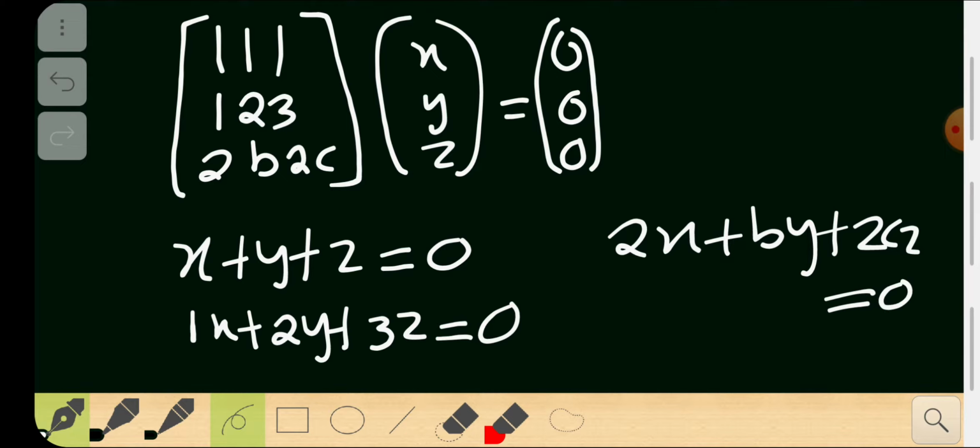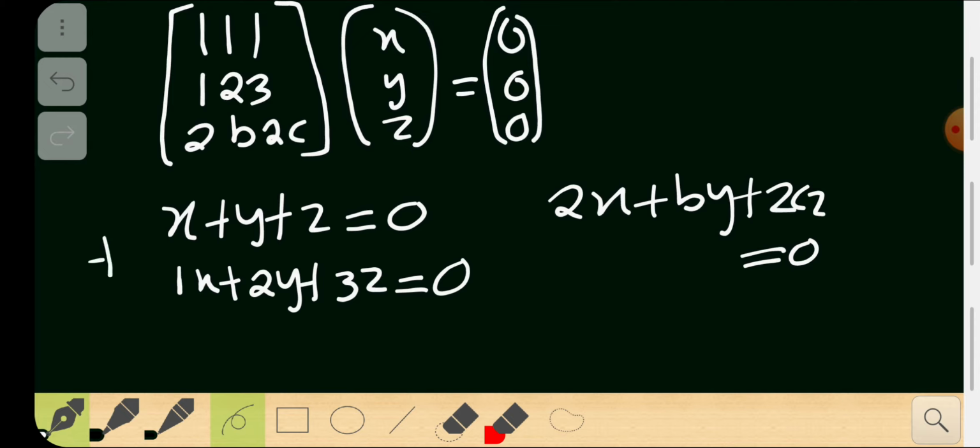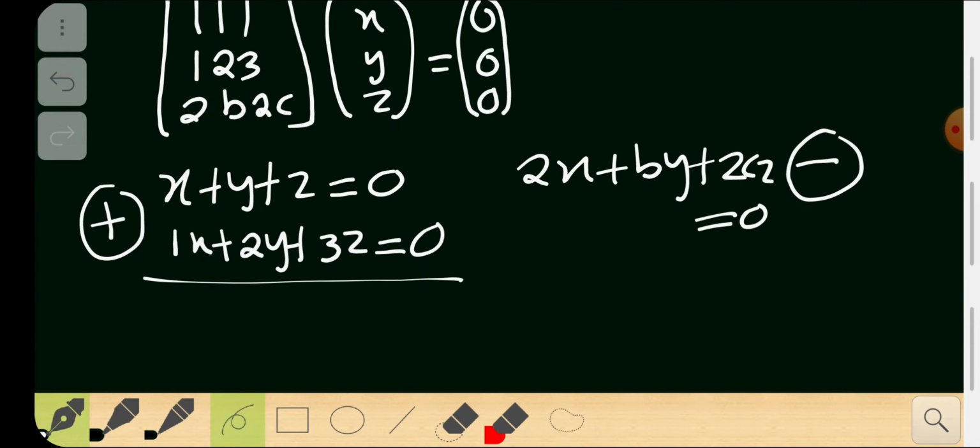Three equations. Now what I'm going to do is add these two. I need to find out a solution for b and c, that's the objective here. So I'm going to add these both and then subtract this equation from the added value. When you add them, you get 2x plus 3y plus 4z is equal to 0.